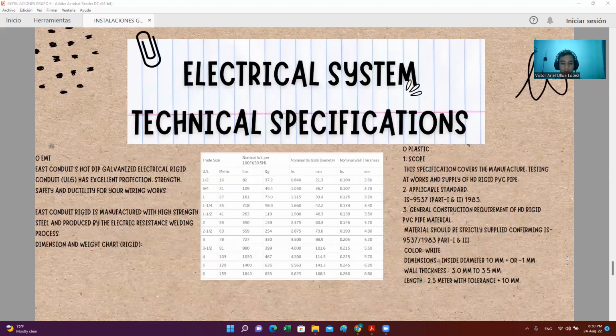For this part, we use 2.5 meters with a tolerance of 10 millimeters.